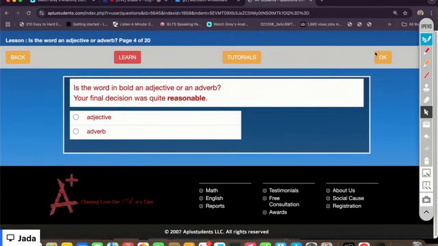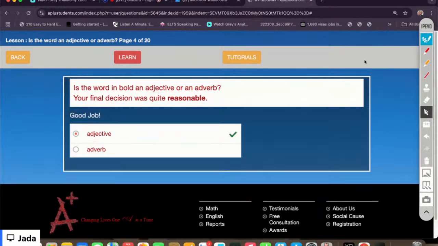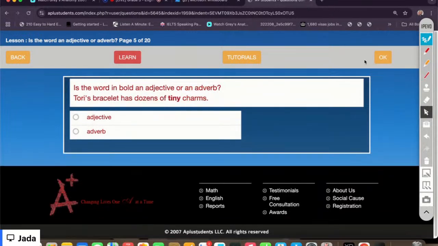All right, so this is an adjective. Okay, thank you, P. So, Tori's bracelet has dozens of tiny charms.